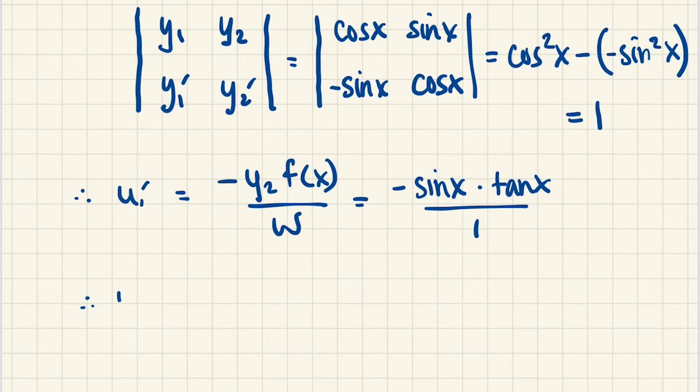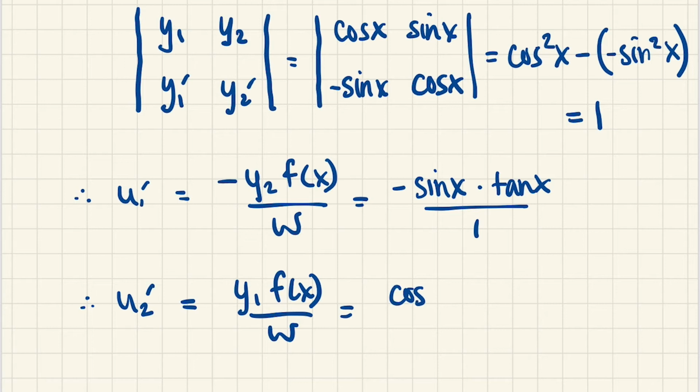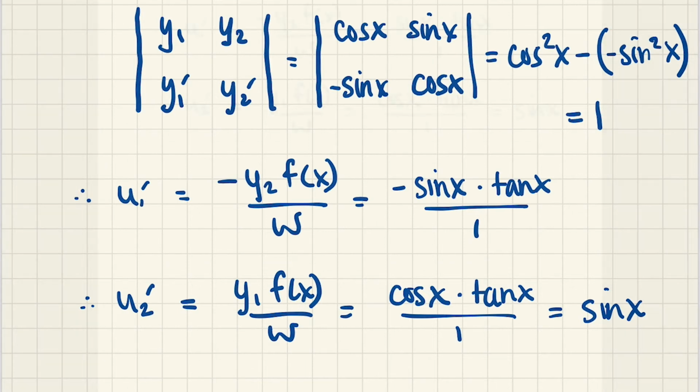All right. u2 prime is positive y1 times f of x divided by the Wronskian. So y1 is cosine of x times f of x, which is tangent of x, divided by 1. This one actually reduces to sine of x. And so now we just have to integrate both of those to establish what u1 and u2 are.